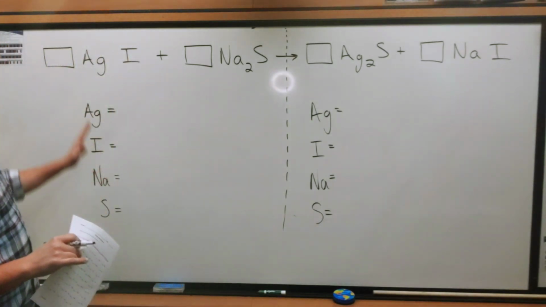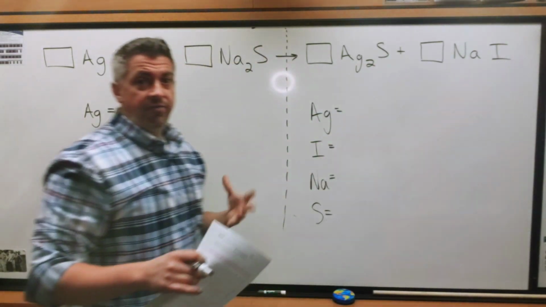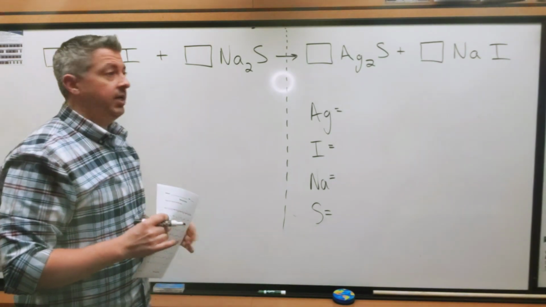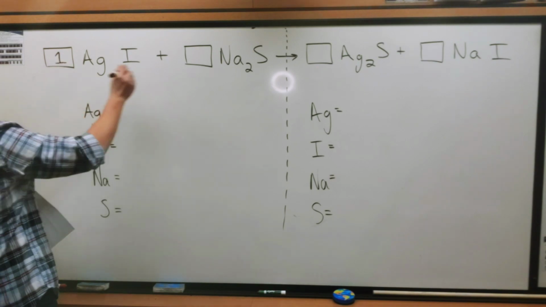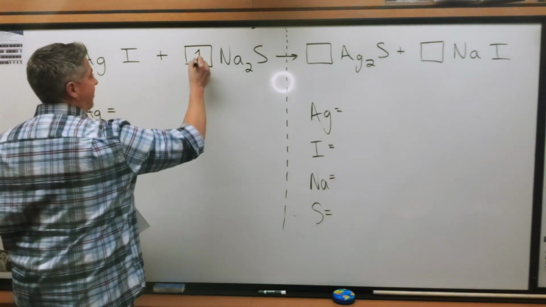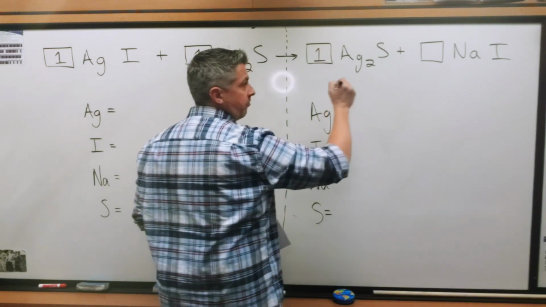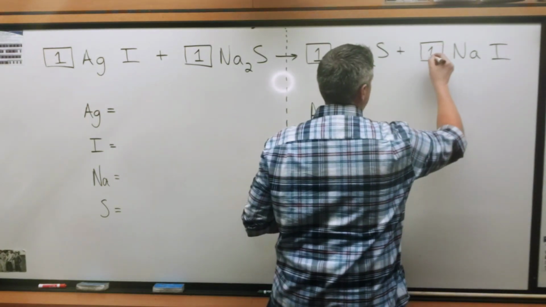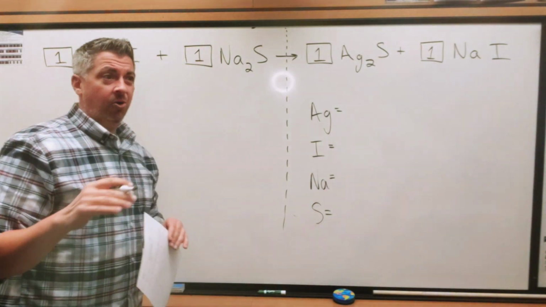Okay, now we're going to put a number in each and every box because we're trying to figure out how much of the ingredients we need. So I'm going to put the lowest number, which is 1. Okay, don't put 0. Because 0, that doesn't make sense. When have you ever seen a recipe that had 0 for one of the ingredients? Okay. Also, we're not going to put fractions or decimals or a half number.